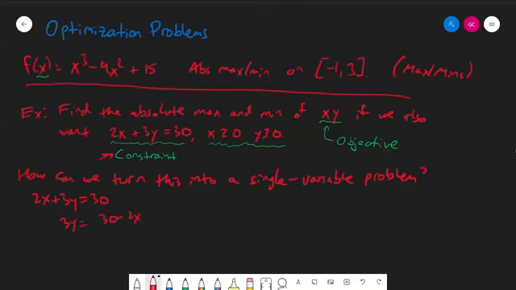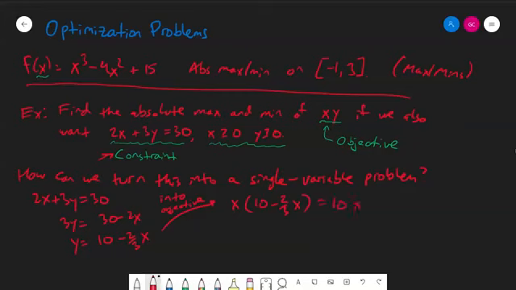So 3y is 30 minus 2x, and dividing by 3 on both sides, we get that y is 10 minus 2/3 of x. So now let's go put this into the objective. So now instead of x times y, it's x times 10 minus 2/3 of x.